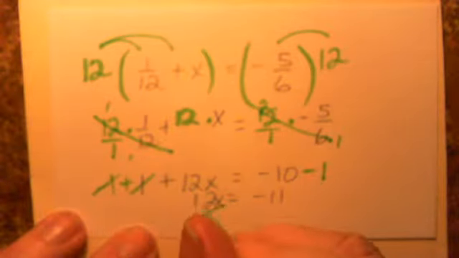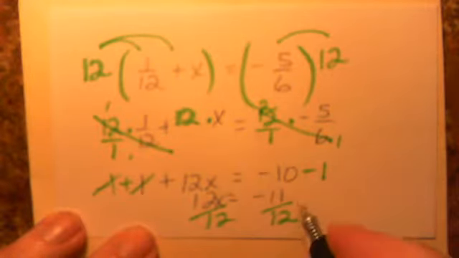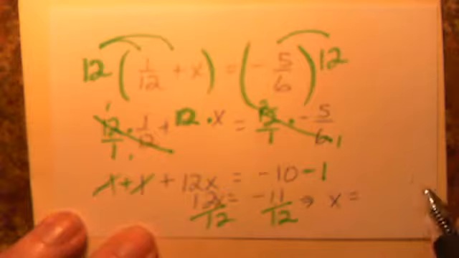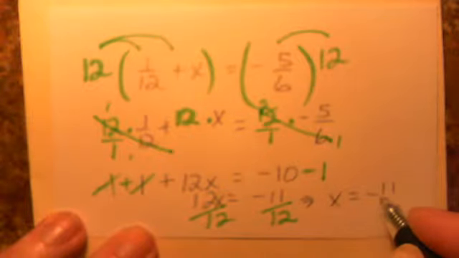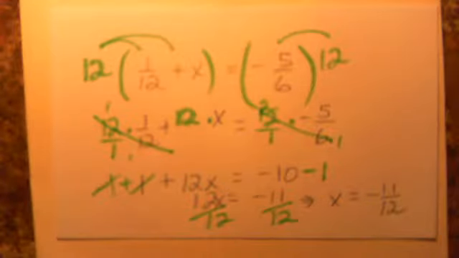And our last step then is to divide by 12. I'm out of room there, so out to the side I'm going to put x is equal to -11/12. Now that's a simplified negative fraction.